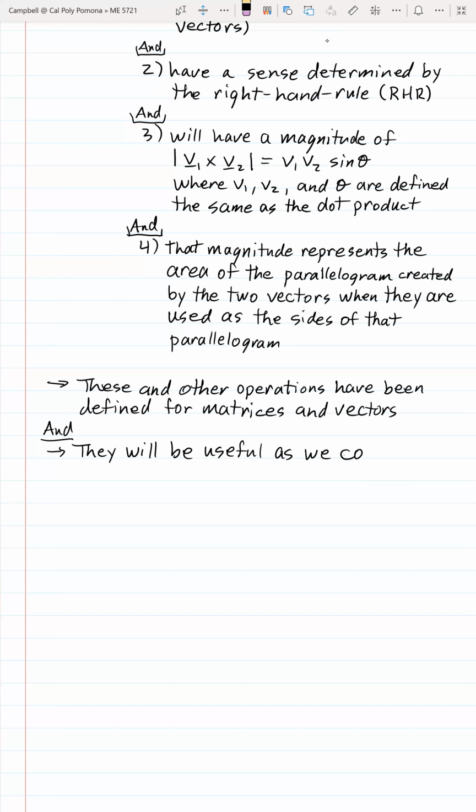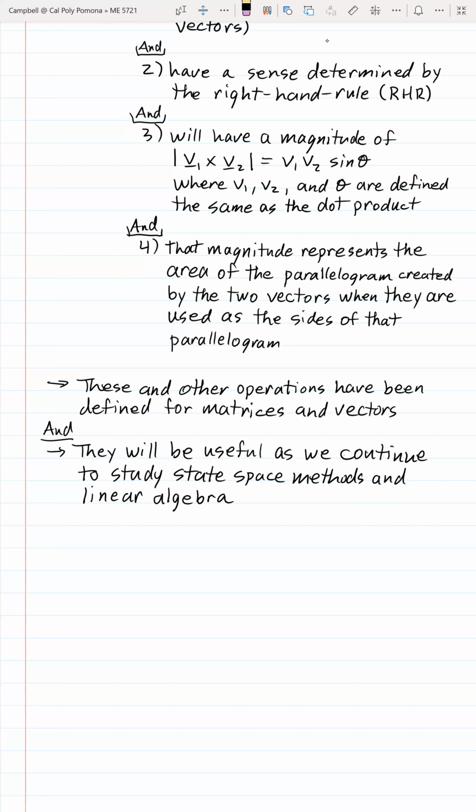Here, I'll just say as we continue to study state space methods and, of course, linear algebra, which provides us the mathematical underpinnings associated with that particular type of representation.